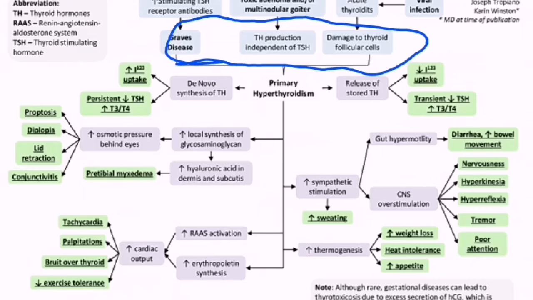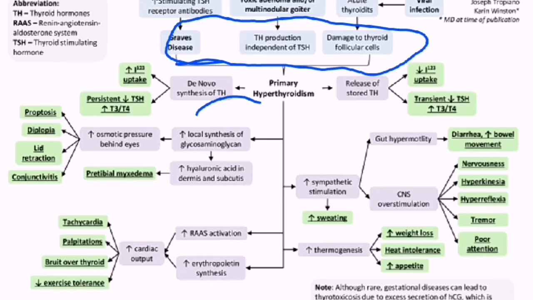This increases iodine uptake, with persistent decrease of TSH and increase of T3 and T4. It means an increasing amount of T3 and T4 and decreasing TSH by negative feedback from the increasing amount of T3 and T4 as well.